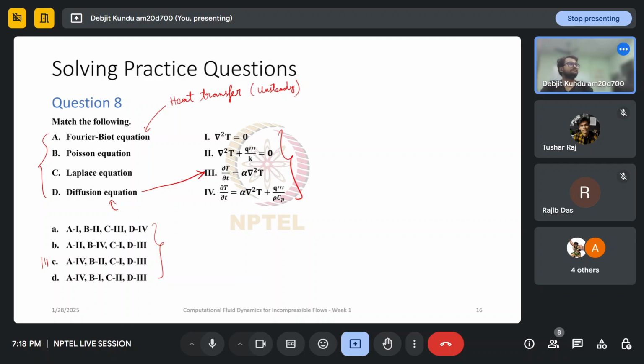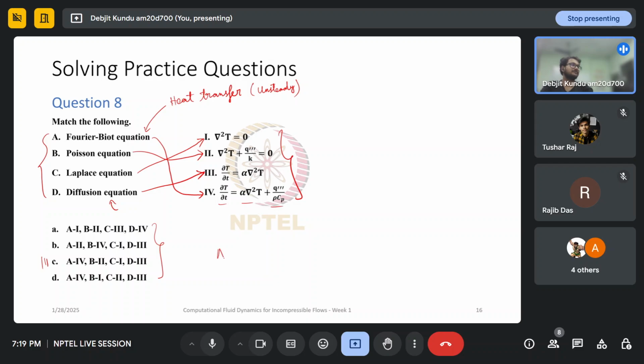And the Laplace equation is this one. Poisson equation is this one. And the Fourier bio equation, in which we have the temporal term, the diffusion term, as well as a generation term, is this one.